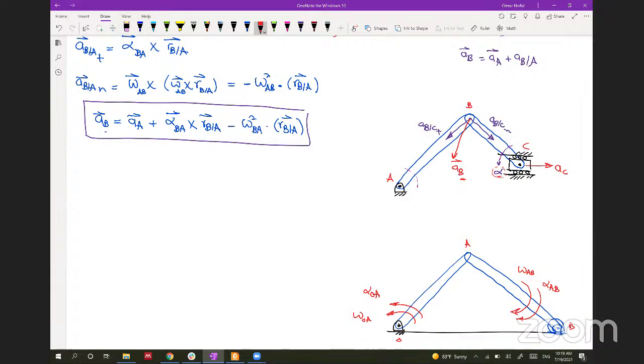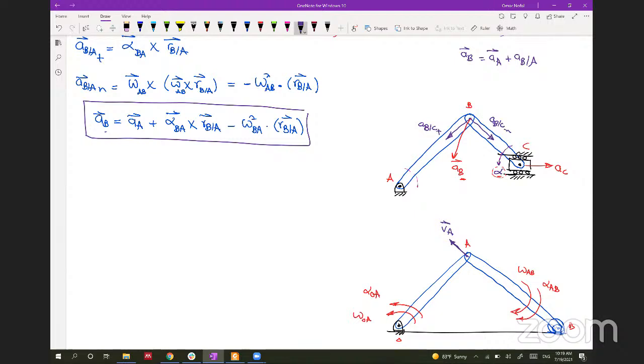So let's map the acceleration and the velocity vectors. Let's start with the velocity vectors. You know that this one is bent, so at A, the velocity of A is perpendicular to this body, like this. So this is V_A with respect to O, because the omega is going in the counterclockwise direction.